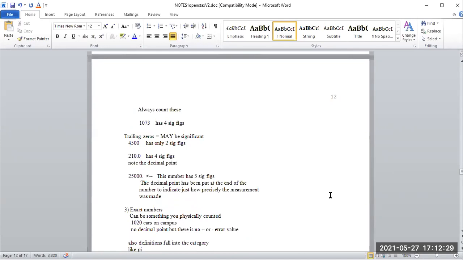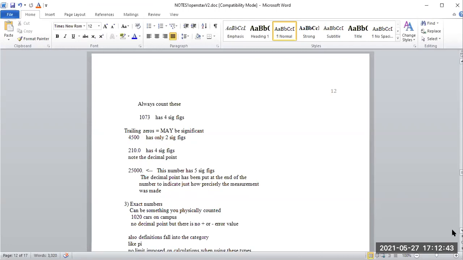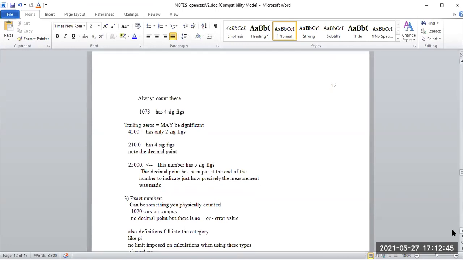So presence of a decimal point is an important factor for the trailing zeros. If you look at the first number there, I've got 4,500. It doesn't have any shown decimal point. I am going to assume that this is a ballpark figure and only the 4 and the 5 are significant.